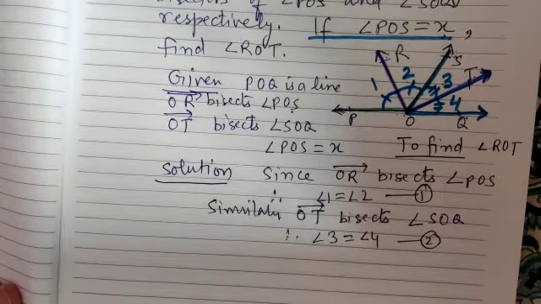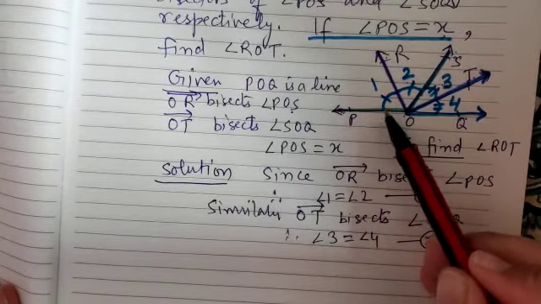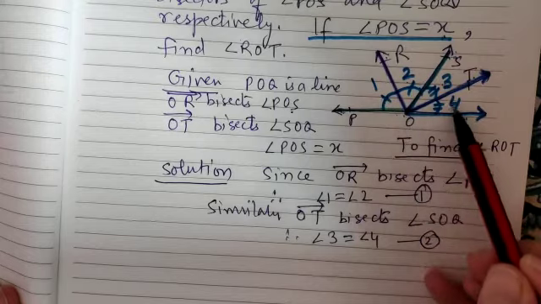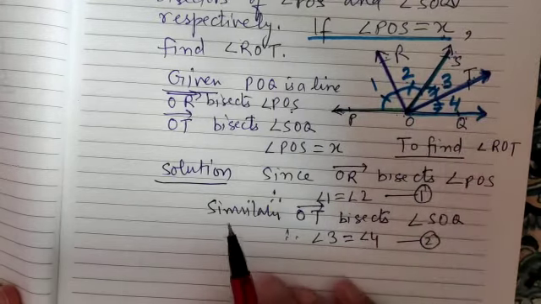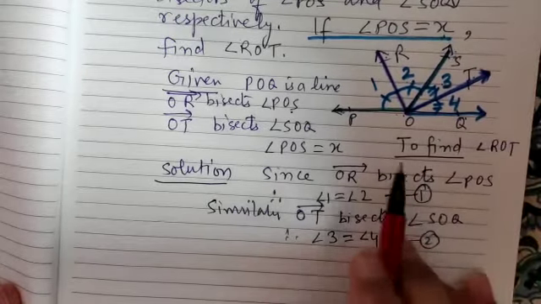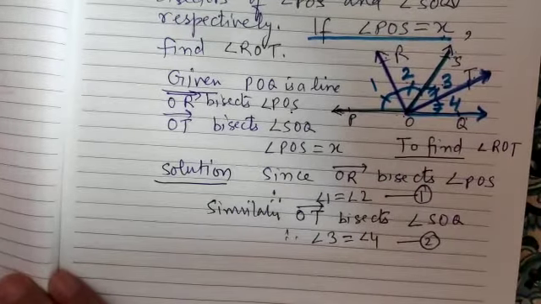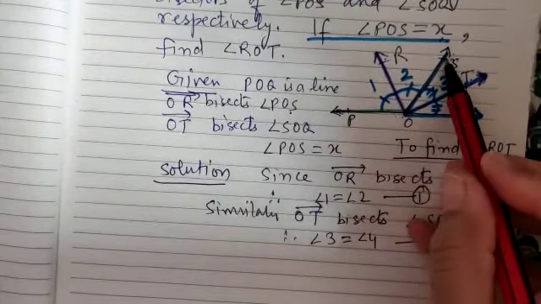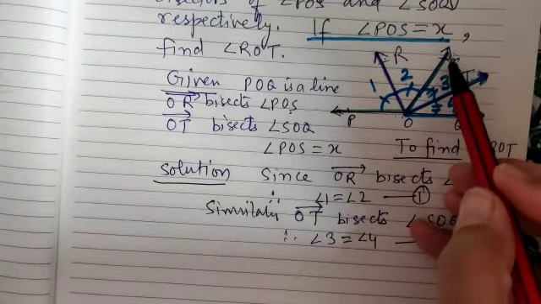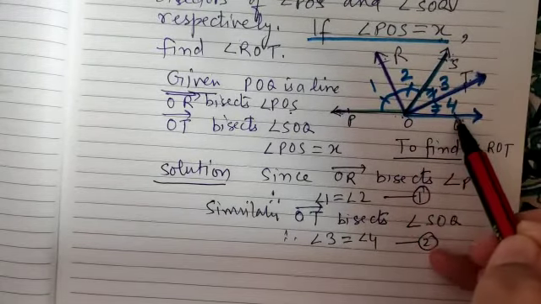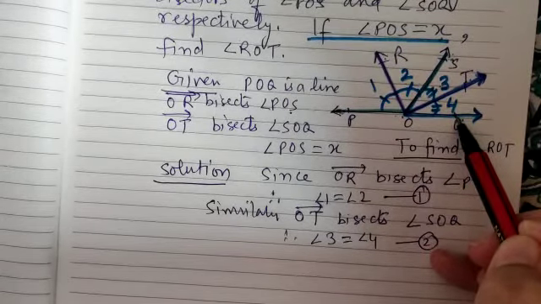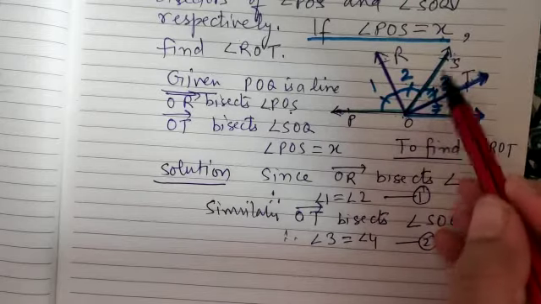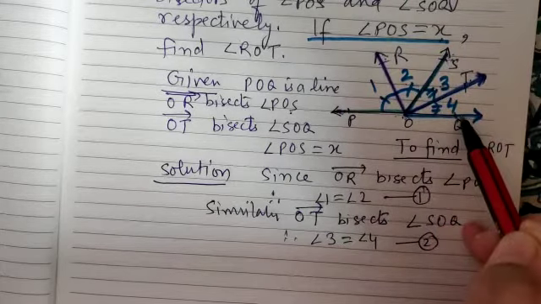Now tell me one thing. Observe carefully the given figure. Can you tell me what is the sum of all these angles which are on a straight line? POQ is a straight line. Yes, you are right. Angle POS plus angle SOQ will be equal to 180 degrees. We can say that OS stands on the line POQ.